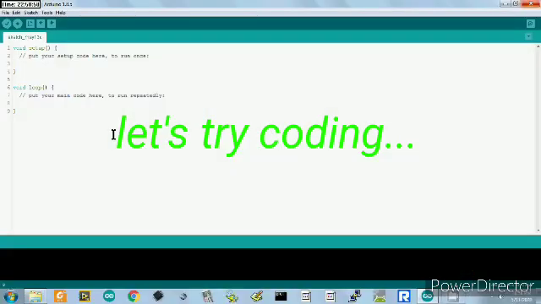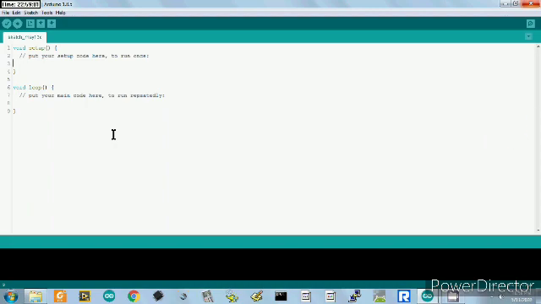Okay, so we'll write the code for the system. So as I explained already, the ultrasonic sensor kit requires two control signals. One will be the input to the module, that is the trigger, and one will be the output from the module, that is the echo signal. So first we have to define the pin mode of these two pins.